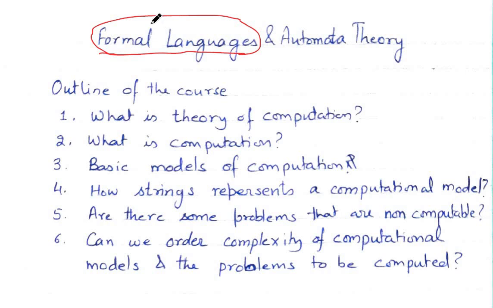Now we are going to study such formal languages, such mathematical constructs that can either recognize or generate languages or certain strings. These constructs are capable of identifying a certain type of strings, and this collection of strings is called a particular formal language.